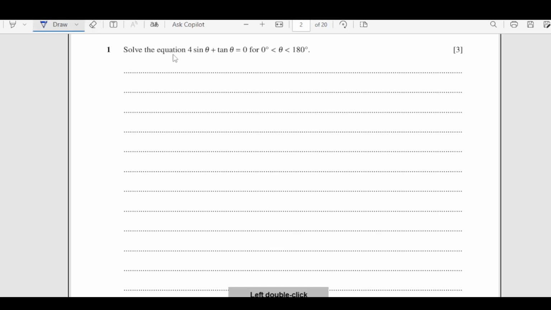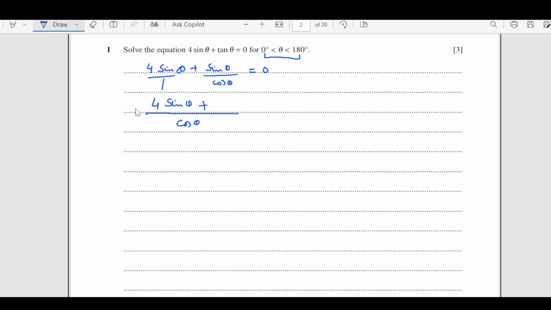First question we have: solve the equation 4 sin theta plus tan theta equals 0 for the range 0 to 180. So I will rewrite here 4 sin theta plus tan theta, which is sin theta over cos theta, equals 0. Then we take the LCM, which is cos theta, so this is going to be 4 sin theta cos theta plus sin theta over cos theta.